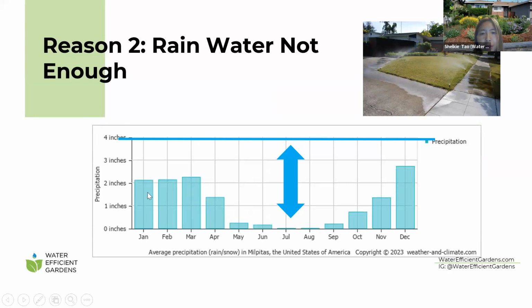If the lawn needs 4 to 5 inches of water every month, no month throughout the whole year can meet that demand. That's something decided by our climate. So all this gap, especially in summer, when we don't have any rainwater, is why we need to give irrigation water to keep it green. That's all the water that goes in here to fill the gap.